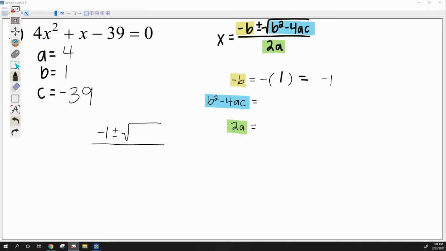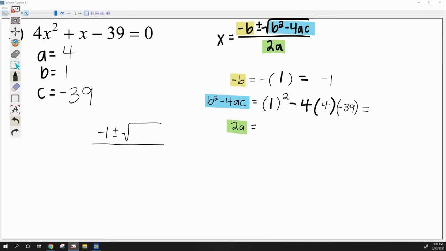Okay? Then we're going to find b squared minus 4ac. So b squared, what is b? 1 minus 4. A, what is A? C, what is C? Type this whole thing into your calculator and see what you get. Make sure you're putting parentheses. It's easy to do on Desmos too.